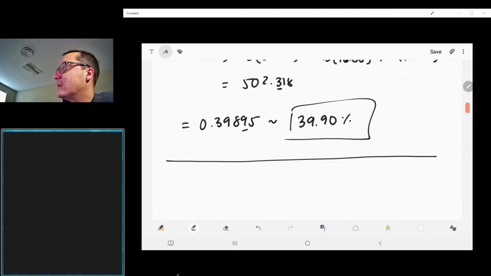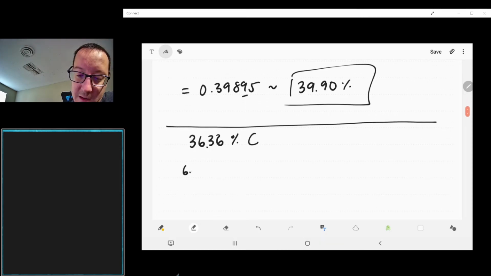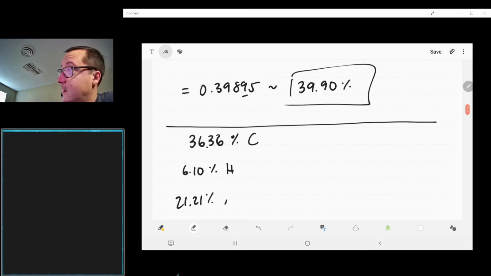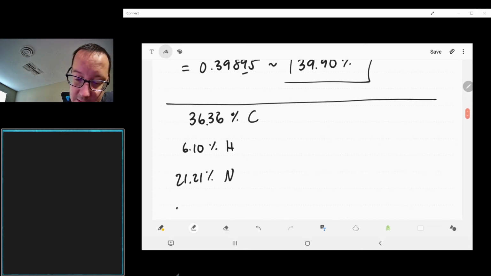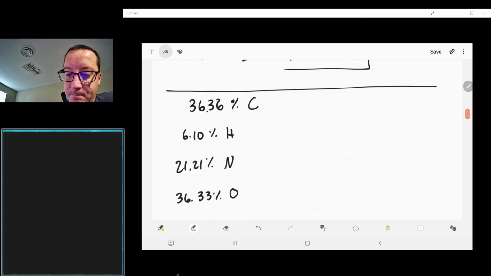We have asparagine here, which we're told is 36.36% carbon, 6.1% hydrogen, 21.21% nitrogen, and 36.33% oxygen. Remember, when we're given percents, we can just convert those to grams.